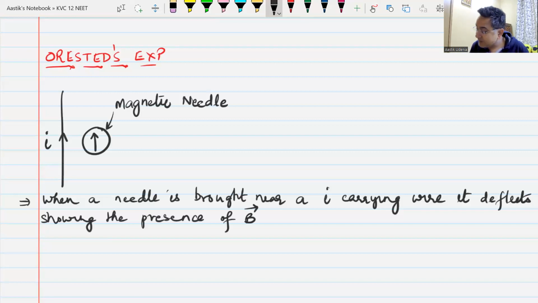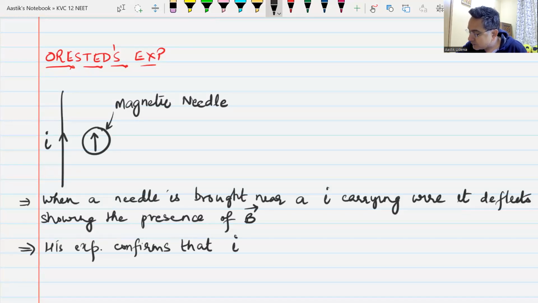B means magnetic field. So his experiment confirms that a current carrying wire creates magnetic field. And that is why we have this chapter, magnetic effects of current. So a current carrying wire creates magnetic field.